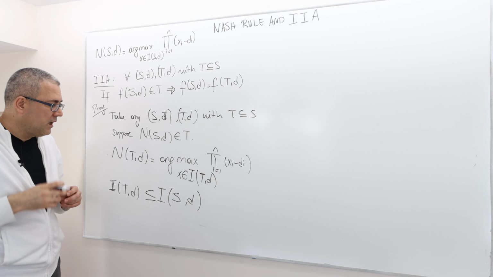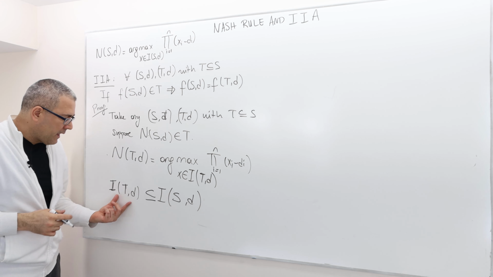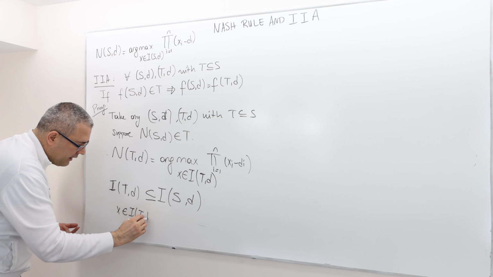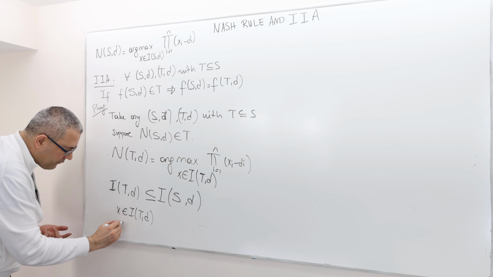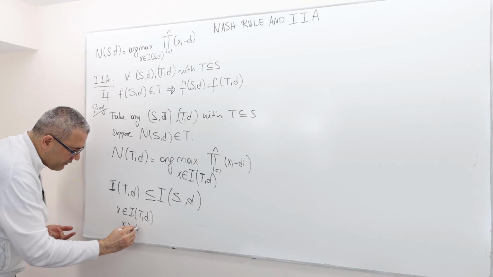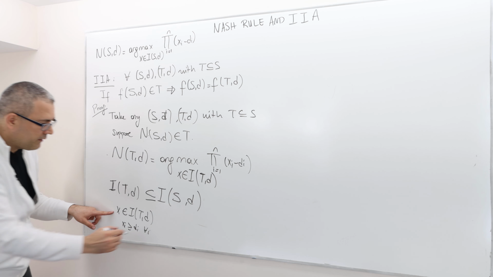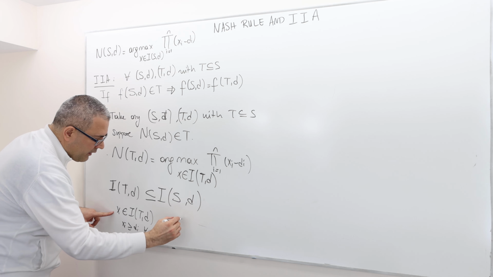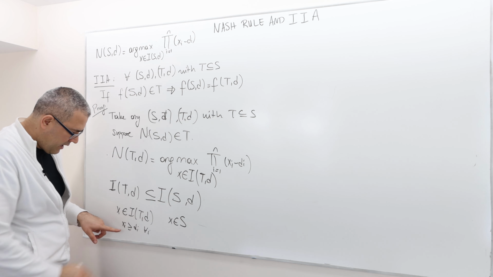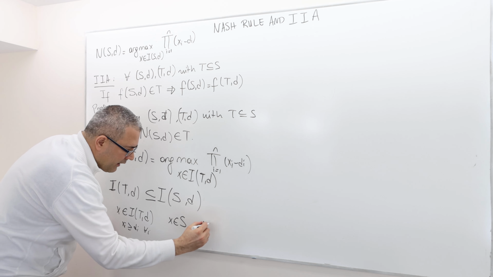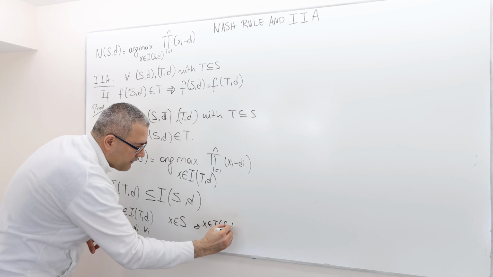Is that clear? Look, if a vector x is in I(T, d), it means xi is greater than or equal to di for every i. Don't forget, x is also in set S, and x satisfies this, so automatically x is in I(S, d).